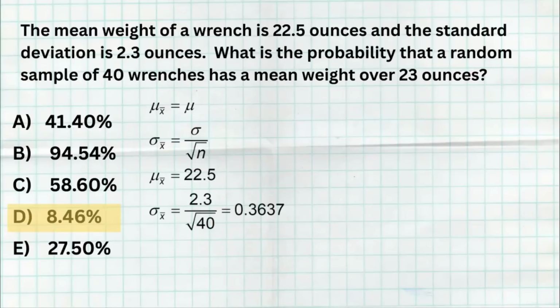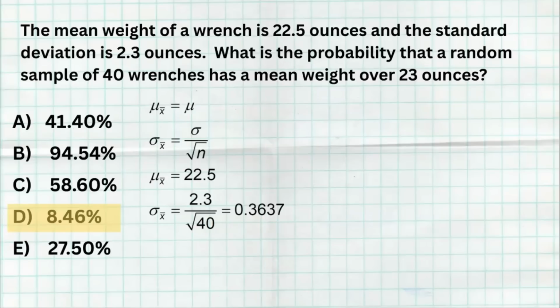So first, let me do that math. So the mean of our sampling distribution should be 22.5. That's because that's the truth. The standard deviation of our sampling distribution for samples of size 40 would be 2.3 divided by the square root of 40, which is 0.3637. Now, what about the shape? Well, the central limit theorem says that if your sample size is 30 or larger, the sampling distribution for sample means will be normal.